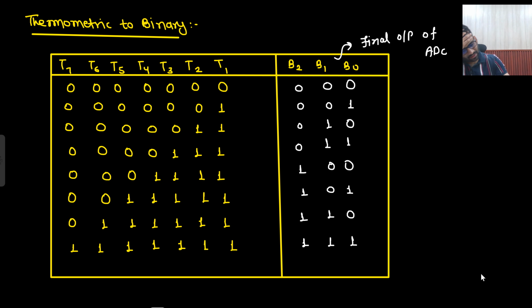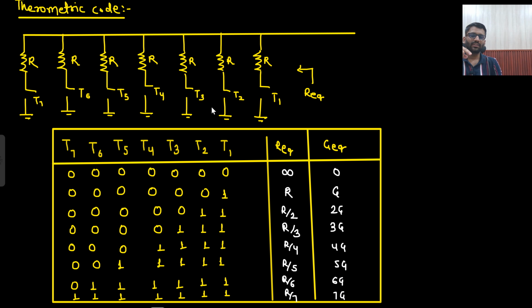In the last lectures you will see thermometric DAC and binary DAC. I am talking about DAC, not ADC. Thermometric DAC and binary DAC. There you will be using this configuration. So from using his reference only, I am telling you the expression. What do you mean by thermometric code and what do you mean by binary code?